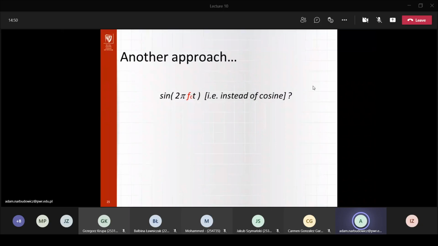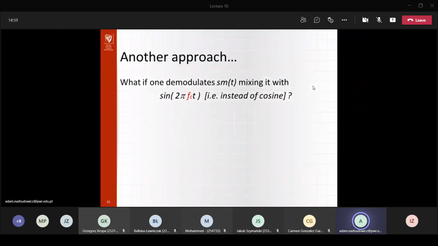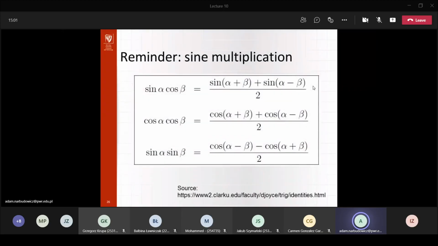Okay, so maybe let's see how it works. We have the cosine function, and we use the sine function for the demodulation, and again, the same equation applies.